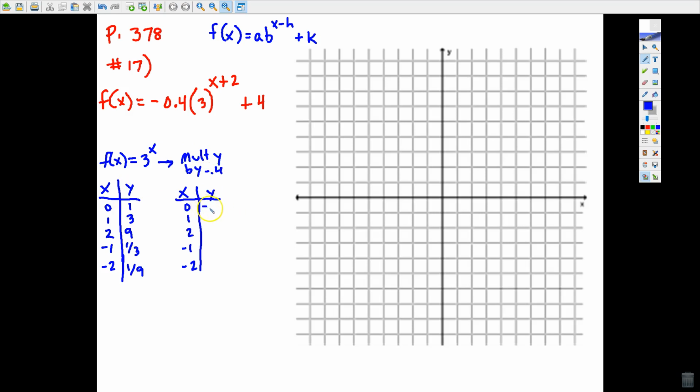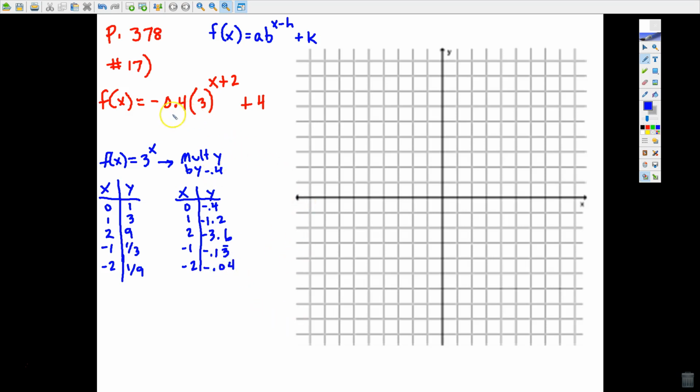So obviously 1 times -0.4 is -0.4, 3 times -0.4 is -1.2, 9 times -0.4 is -3.6, 1/3 times -0.4 is -0.133 repeating, and finally we have 1/9 times -0.4, which is -0.04.